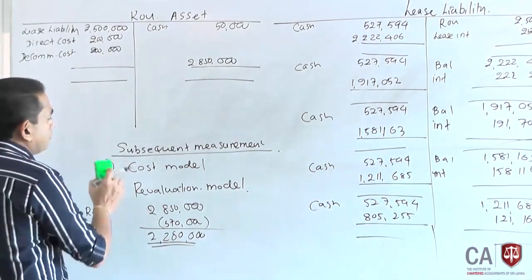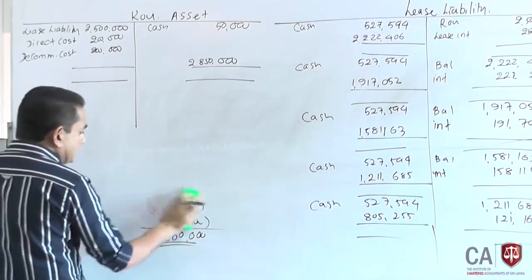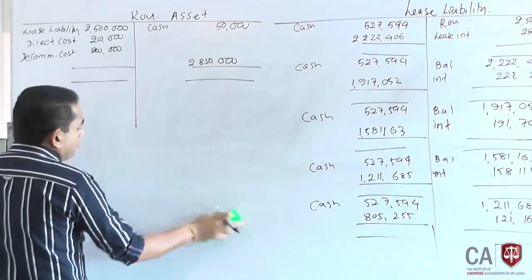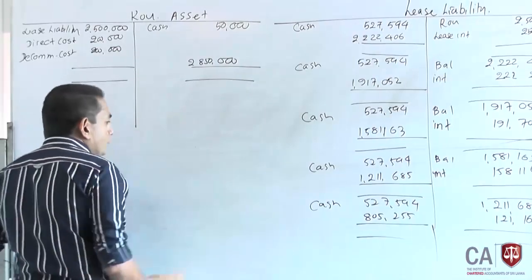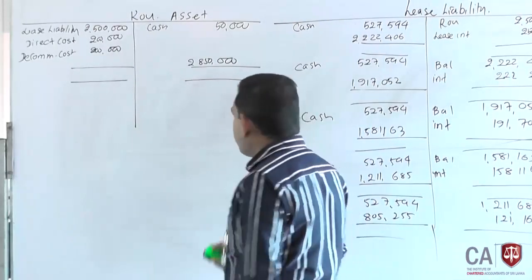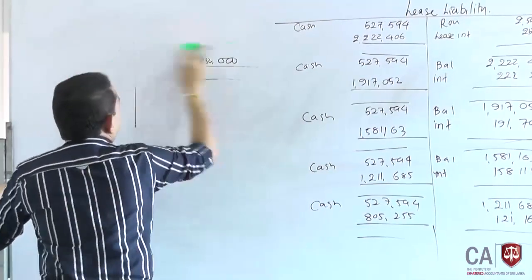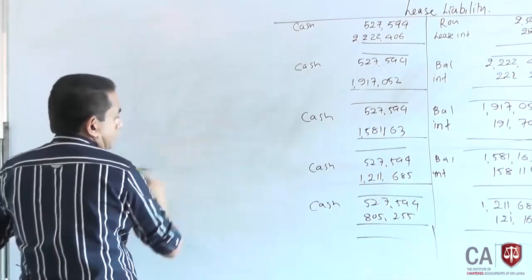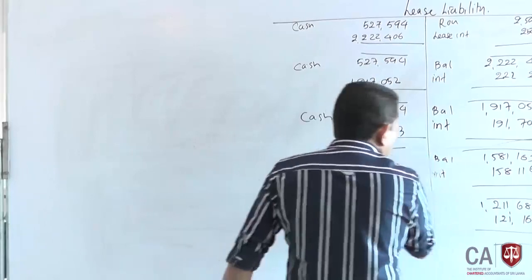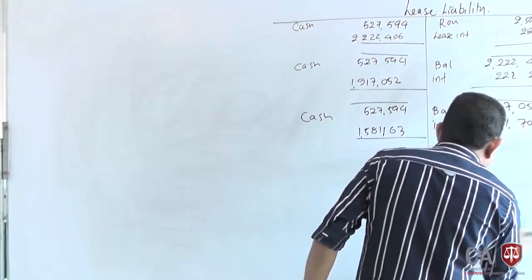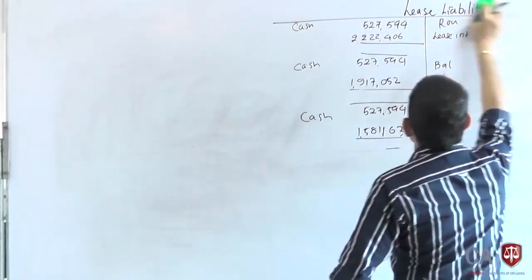SLFRS 16 is a heavy and bulky standard, and within this given time period I am doing just the critical points only, and to do a comprehensive job you need at least 12 hours. Here, let me talk about the subsequent measurement of liabilities in a little while. I am now talking about the subsequent measurement of ROU asset.